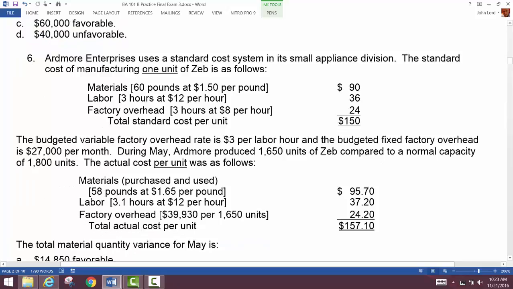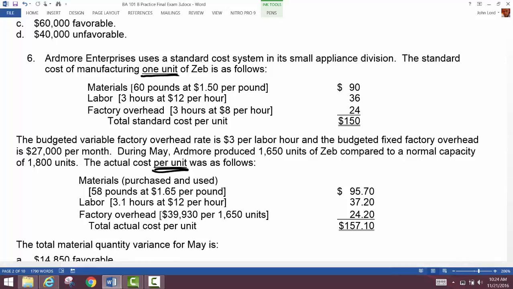Okay, so you look at a problem like this and you start thinking, this is going to ruin my Thanksgiving. So what do you do with this one? Well, they're giving me information per unit, aren't they? That's good news for us because we don't have to turn things into per unit amounts.